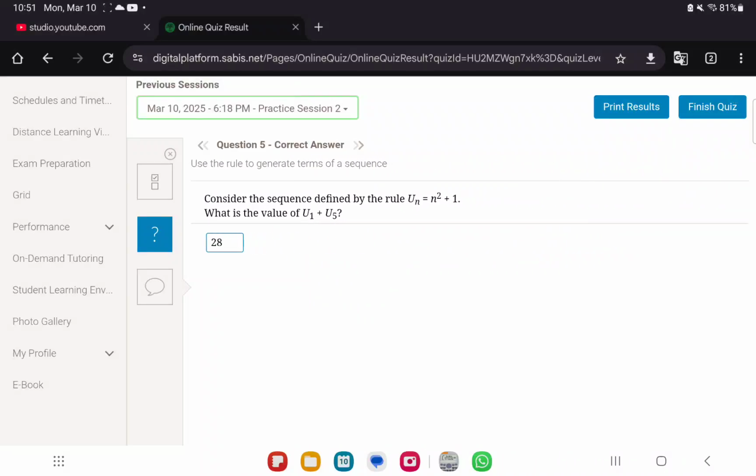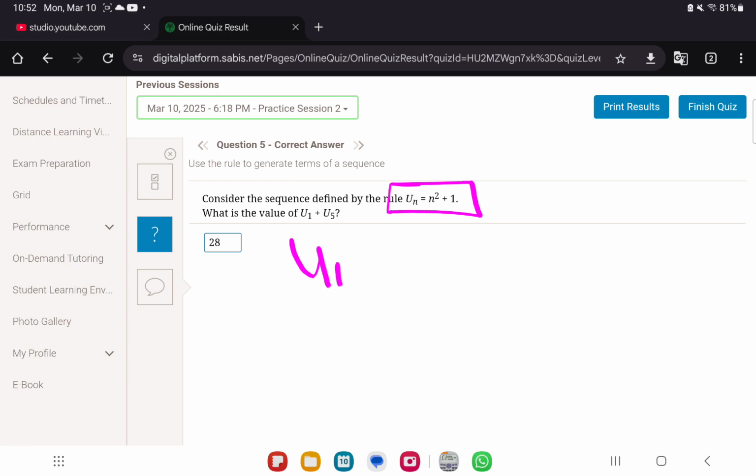Now 5. This is kind of the same concept. So let me use a different color. This is the rule they give you, and they want u1 plus u5. So u1 equals 1 squared plus 1, and then it becomes 2 because 1 squared is 1, 1 plus 1 is 2.